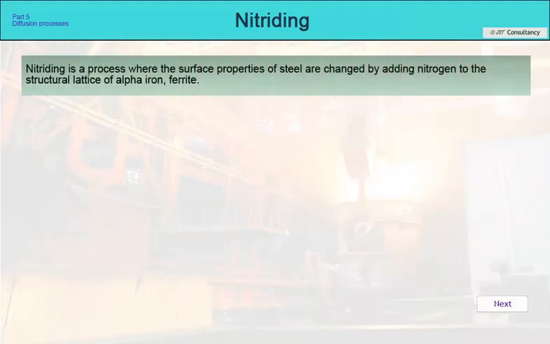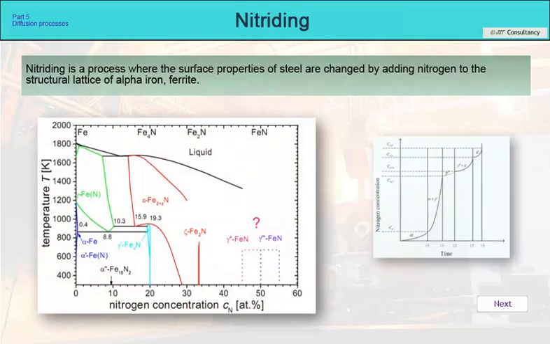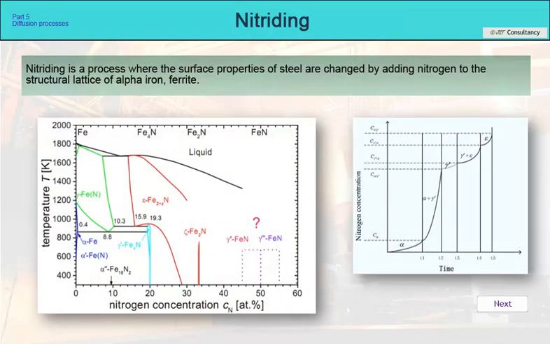Nitriding is a process where we change the surface properties of steel by adding nitrogen to the structural lattice of alpha iron ferrite. A number of different structural phases are formed according to the iron-nitrogen diagram.